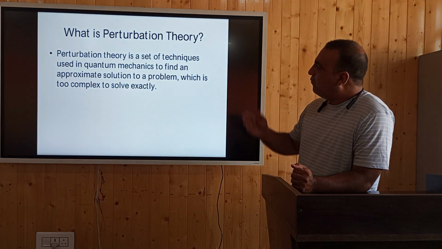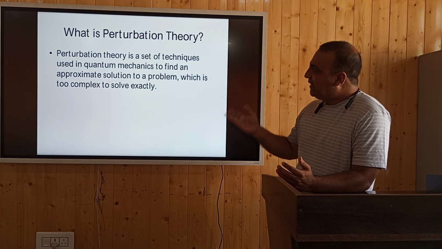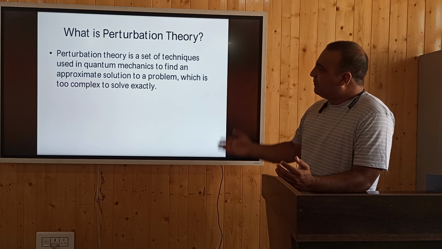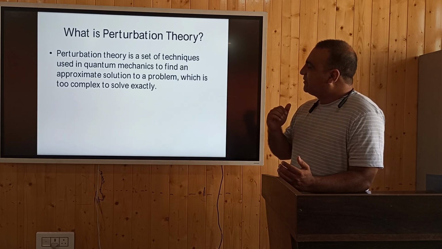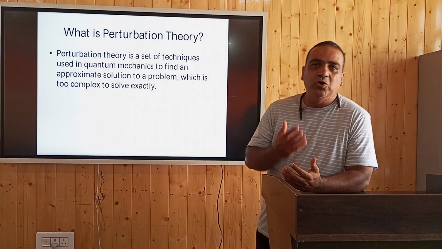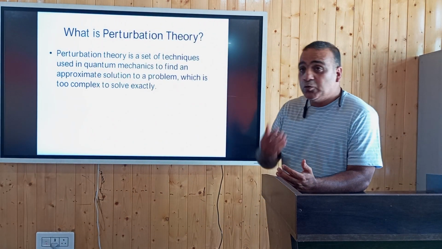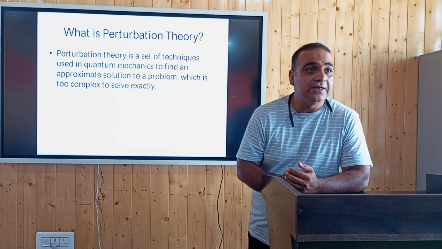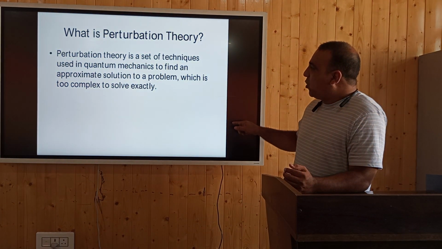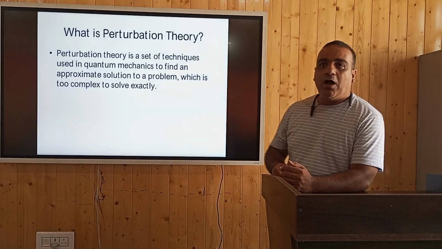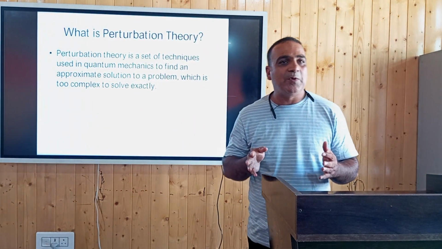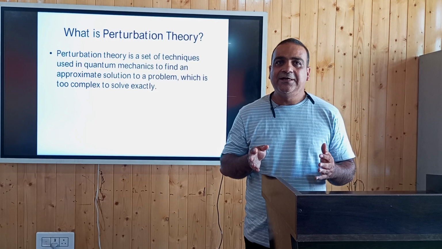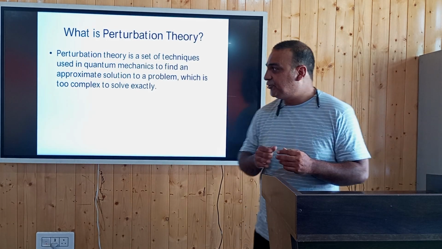So perturbation is a mathematical technique used to approximate the solution of a problem whose solution is already known. This way you are able to solve the complex problem using the simple idea of perturbation.